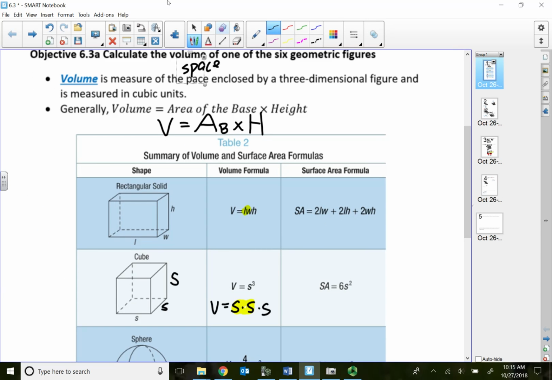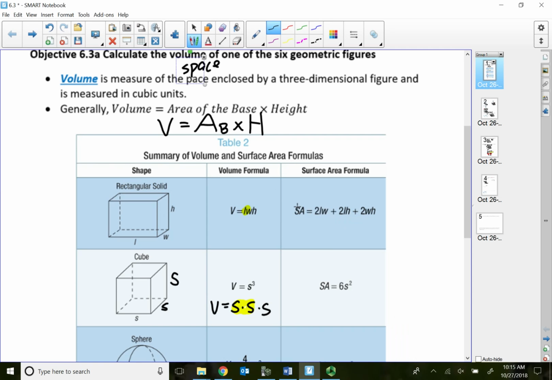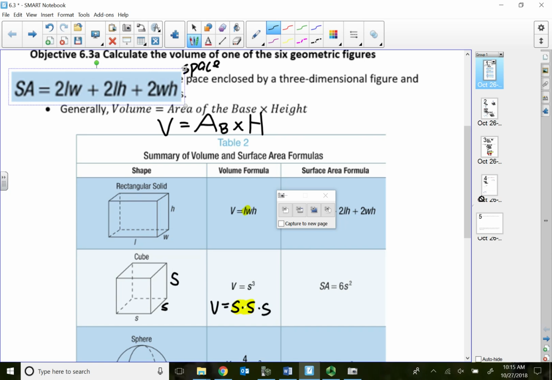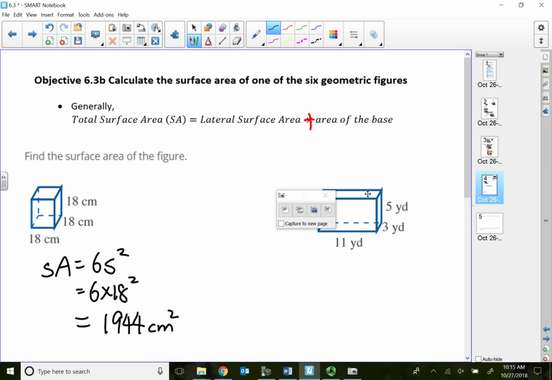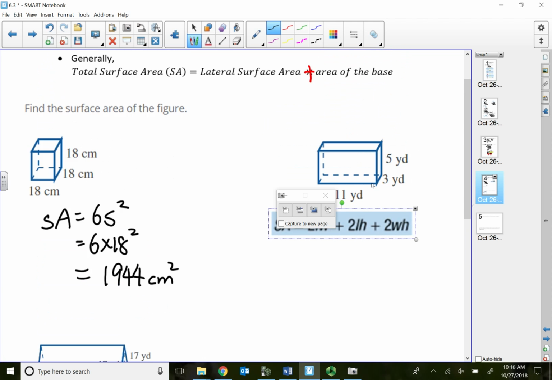Let me just copy this real quick and put it right here so it's easy for me to use. So total surface area, 2 times L times W.